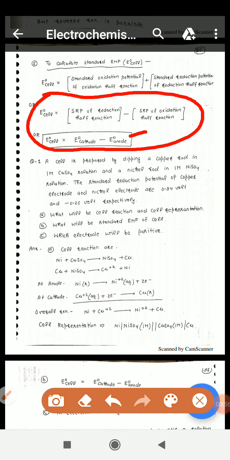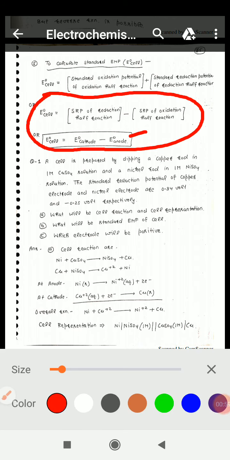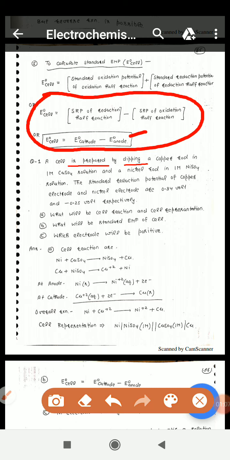So the first question: a cell is prepared by dipping a copper rod in 1 molar copper sulfate solution and a nickel rod in 1 molar nickel sulfate solution.